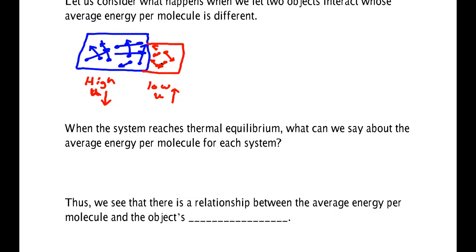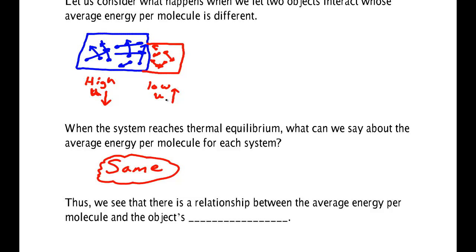And that means that these particles' average energy has to reach those particles' average energy. So another way of saying what thermal equilibrium is, is that the average energy per molecule for both systems has to be the same. If this guy's moving with 1,000th of a joule per molecule, this one has to be moving with 1,000th of a joule per molecule. These guys will keep stealing energy from those guys until these guys drop down to the same value that these guys have risen up to.